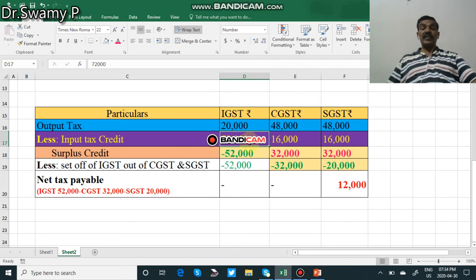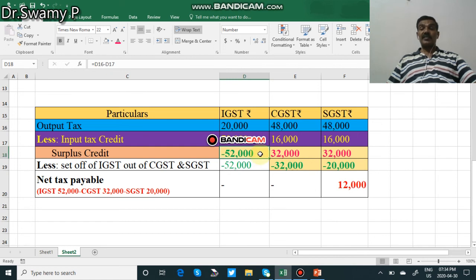72,000 is an interstate purchase. This is the tax paid by her for interstate purchase. 20,000 rupees is the tax collected by her for interstate sales, and 72,000 is the tax she has paid. 52,000 rupees more.